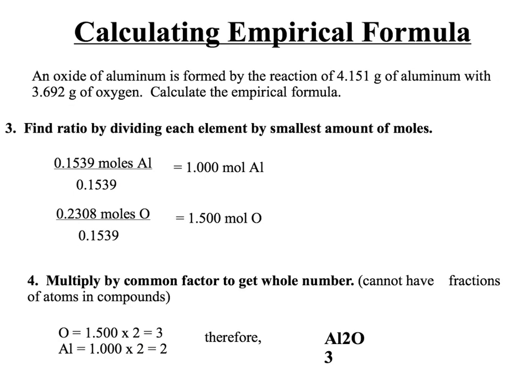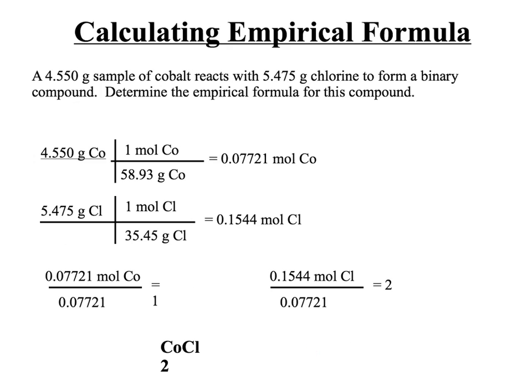We must do the same thing with our elements. If we multiply oxygen by 2, we must therefore multiply aluminum by 2. So 1 mole of aluminum times 2, we get 2. Therefore, our chemical formula would be Al2O3. Now let's look at one more example of empirical formulas before we move on.